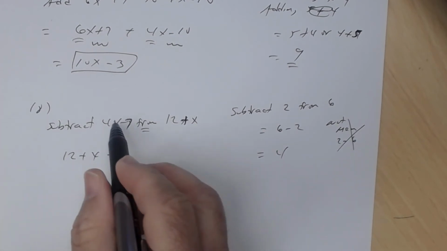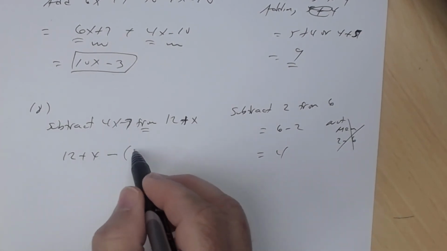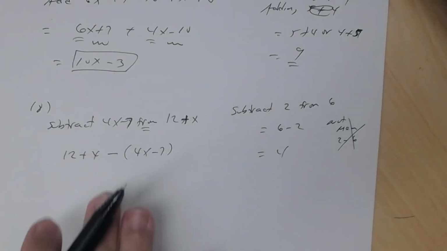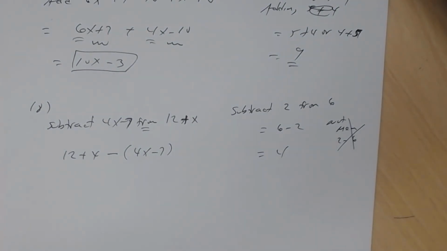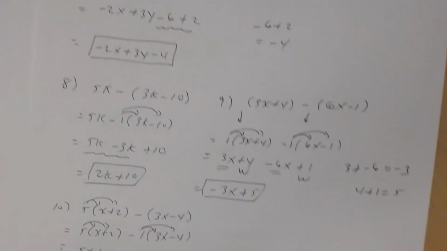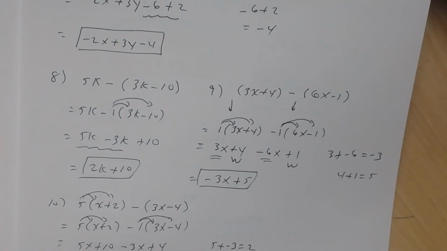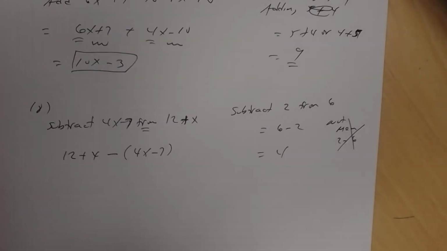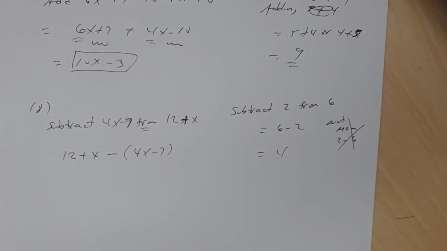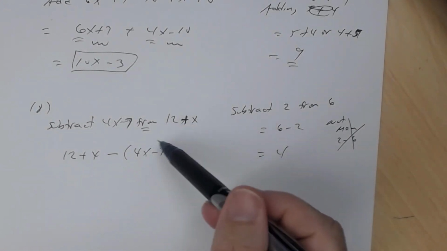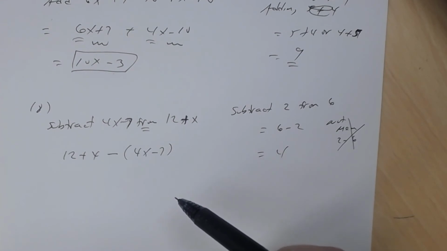And you're subtracting this, so you've got to put that in parentheses. You're subtracting this expression. Now that looks like something we did earlier. So that looks like this right here, or like this. So you've got to remember, subtract this from that means put that first and then subtract this from it.